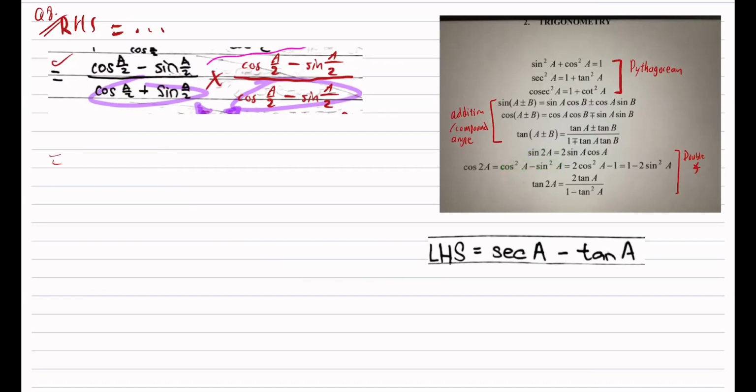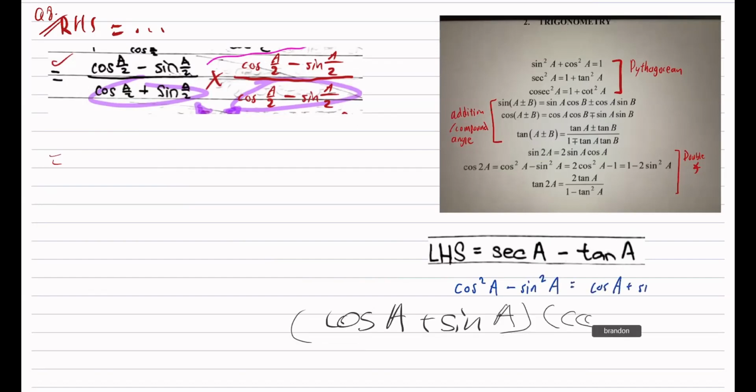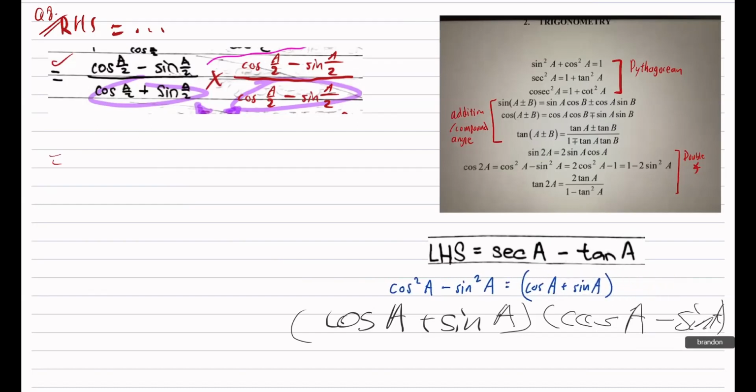You end up with cosine A plus sine A times cosine A minus sine A. Exactly, good.